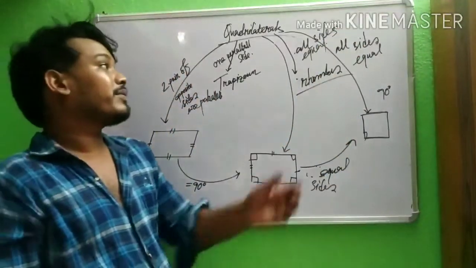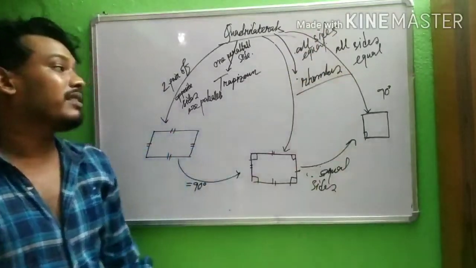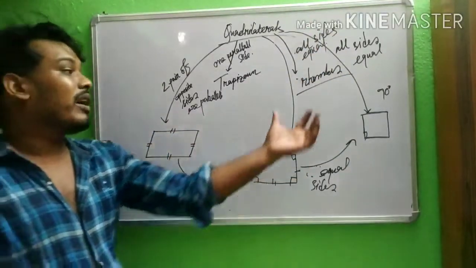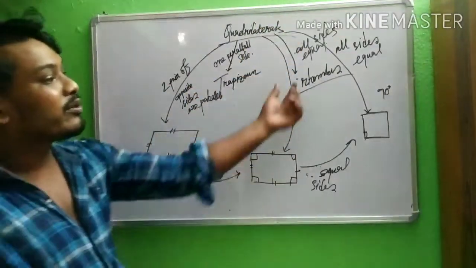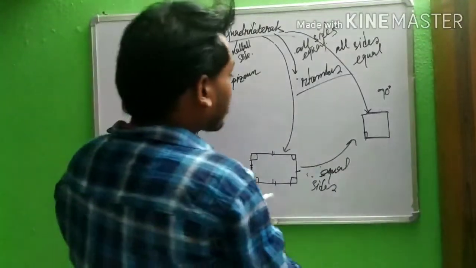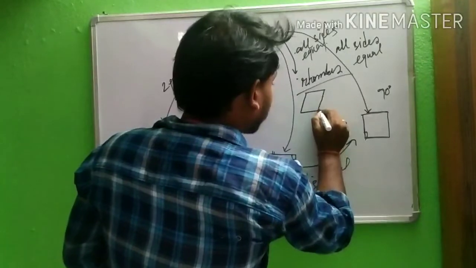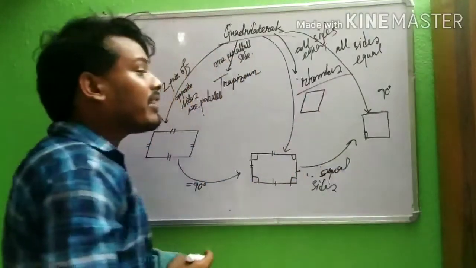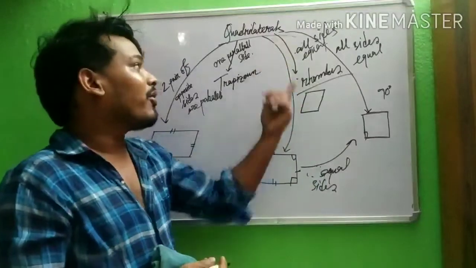If all sides of a quadrilateral are equal, then it becomes a rhombus. So a rhombus is a quadrilateral whose all sides are equal. Here only sides are equal, no condition is given on angles.